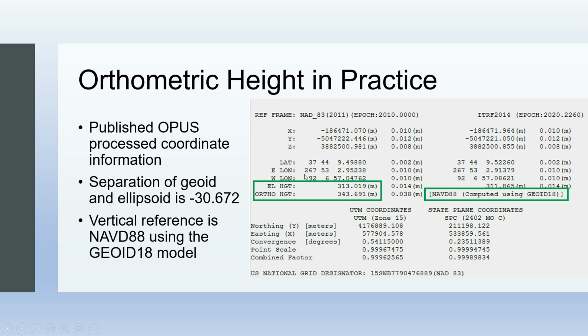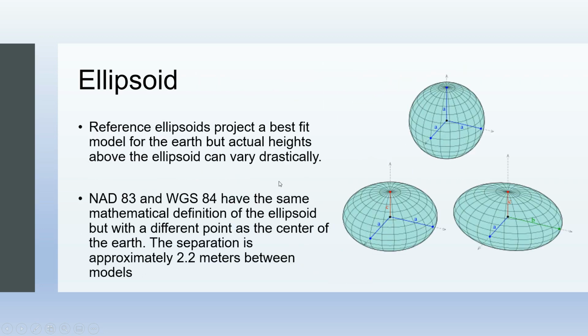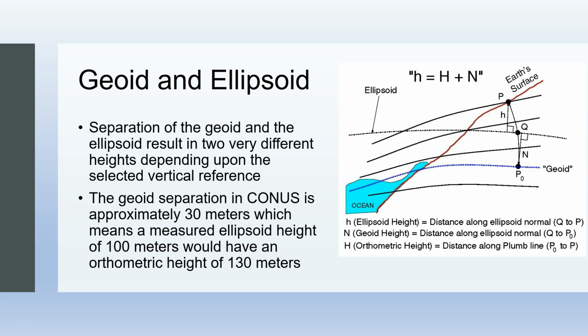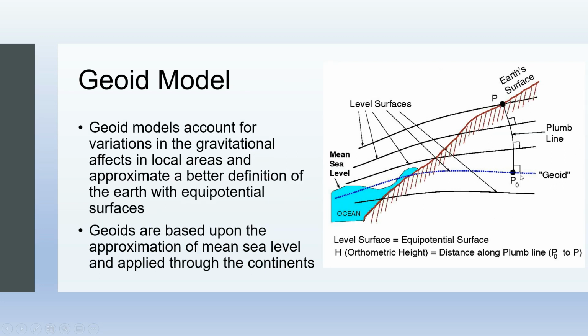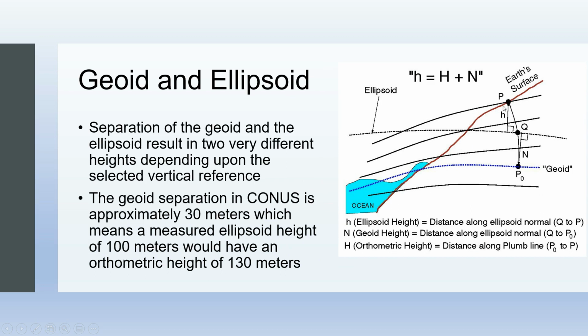So how does the orthometric height work in practice? The orthometric height for this point in Fort Leonard Wood is basically 30.672 meters higher than the ellipsoid height. The ellipsoid height here is the distance from my reference ellipsoid to the actual point on the Earth's surface, not from the geoid to the Earth's surface.